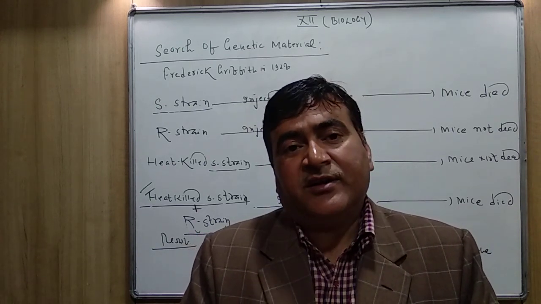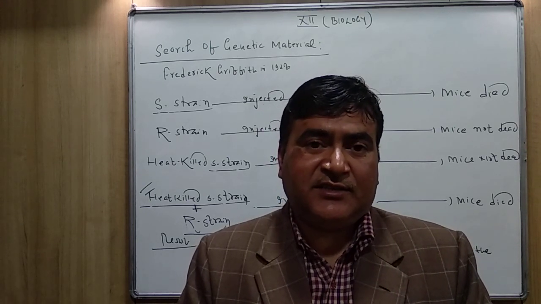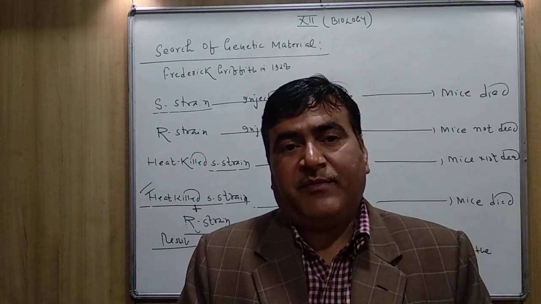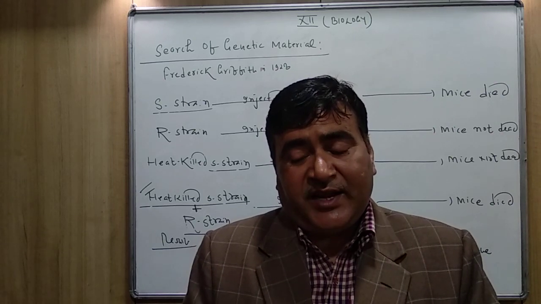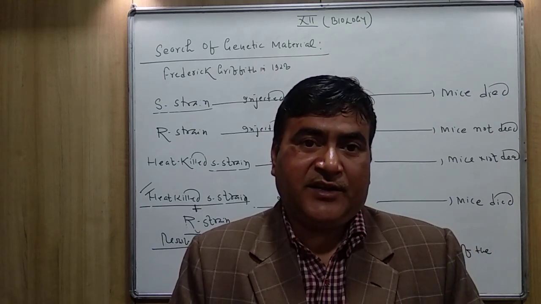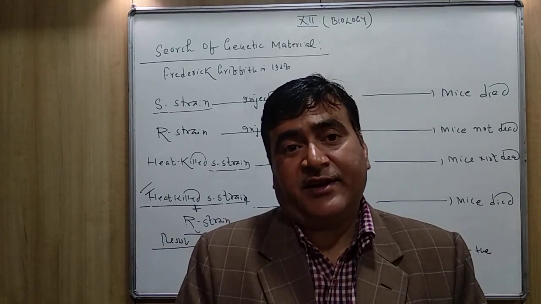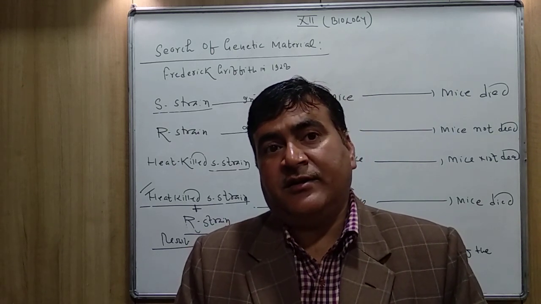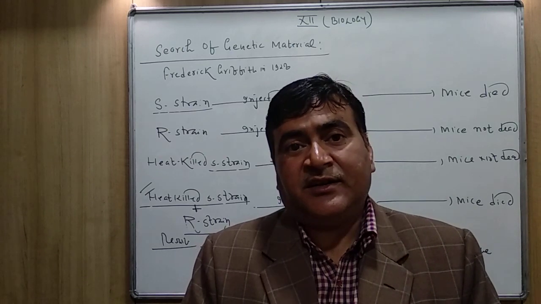But later on, three scientists, whom I will discuss tomorrow in the next video, Avery, MacLeod and McCarty, carried forward the Griffith transformation experiment, and finally they identified the nature of the transforming principle, and that is DNA.